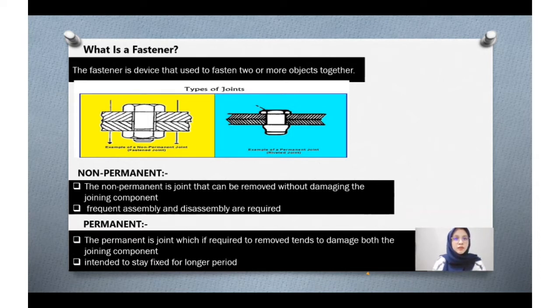A non-permanent joint can be removed without damaging the joining components, and frequent assembly and disassembly are required. A permanent joint, if required to be removed, tends to damage both of the joining components and is intended to stay fixed for a longer period.